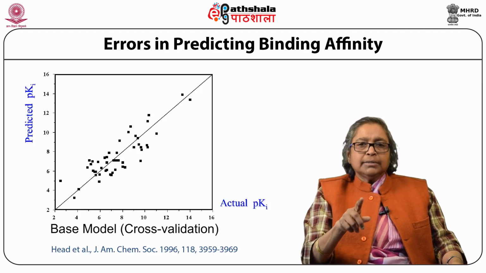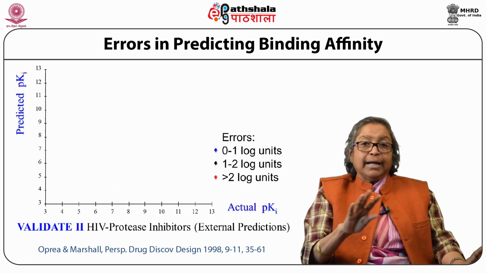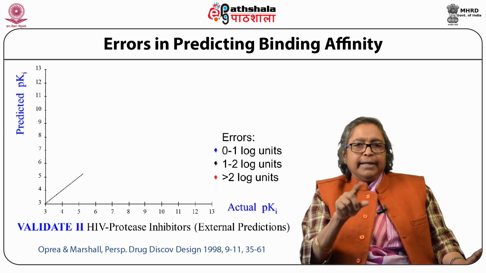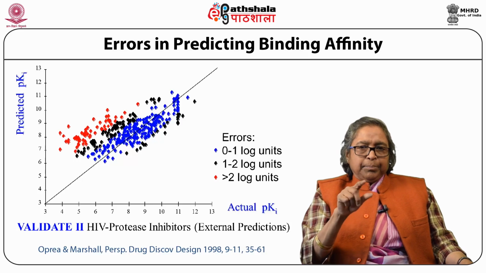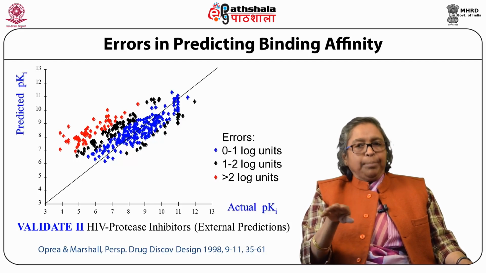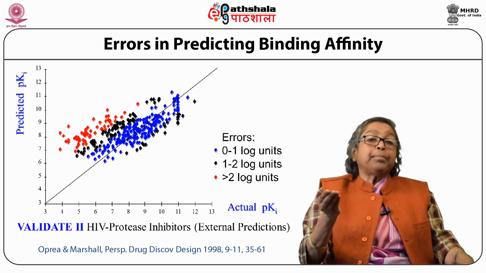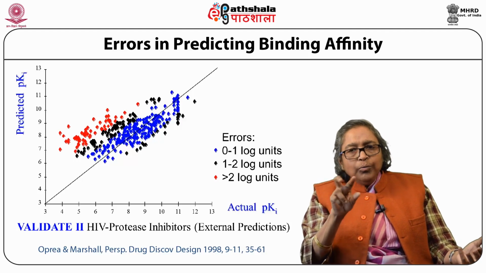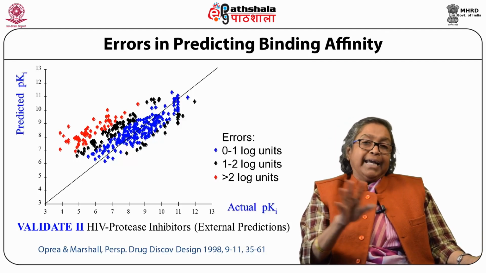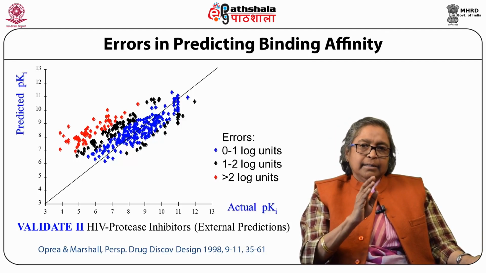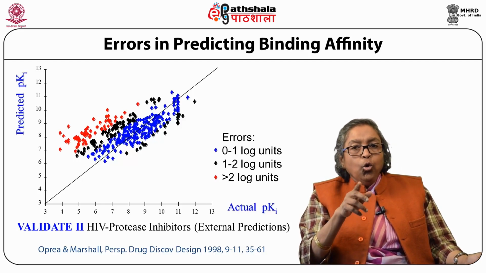The next plot shows us the collected data, color coded. Now, if you look at the errors in predicting binding affinity by a method called VALIDATE, with the paper published, the actual values are on the x-axis, and the prediction is what we did. You can very well see that the ones with errors higher than 2 log units are predicted poorly, shown in red, and they are coming in the lower value range.